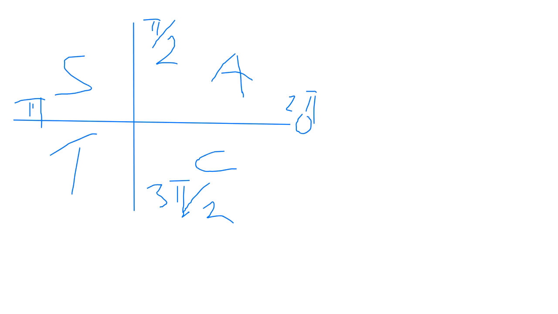But here, if you find a trig ratio, only sine will be positive, the rest will be negative. Between pi and 3 pi over 2, only tan will be positive, the rest will be negative. And between 3 pi over 2 to 2 pi, that is between 270 to 360, only cos will be positive, the rest will be negative.